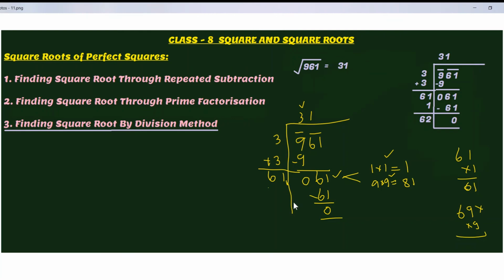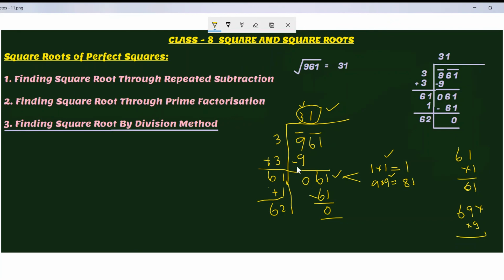So the square root of 961 is 31. To check our answer, we need to add this quotient with this divisor. Here we have got 62. If this number is twice the square root, then our answer is right.